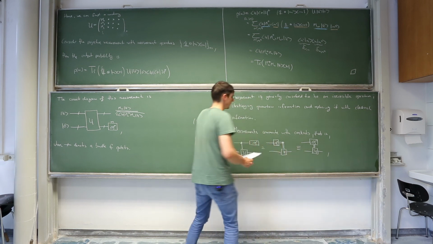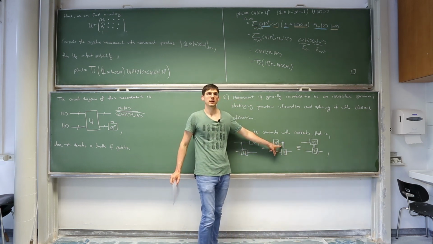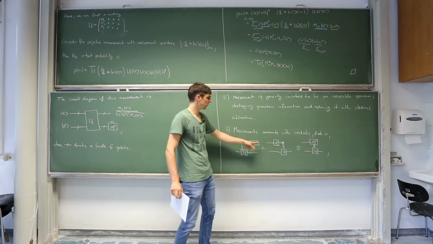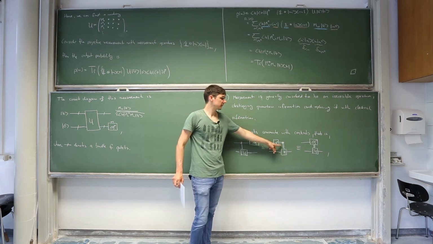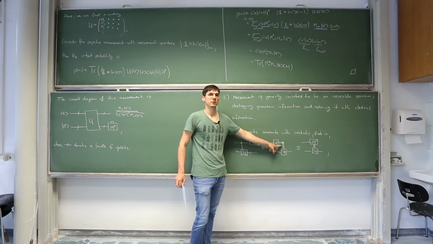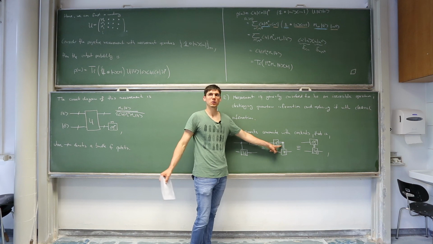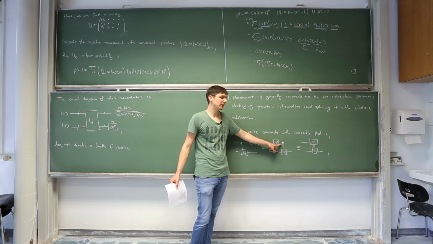And here now this double wire illustrates a classical bit. Okay, so we measure, and the measurement outcome then gives a classical bit, because if we perform a projective measurement in the computational basis, we either get 0 or 1, so we have a classical bit, and this double wire illustrates this classical bit.